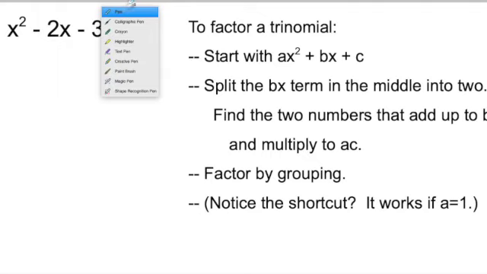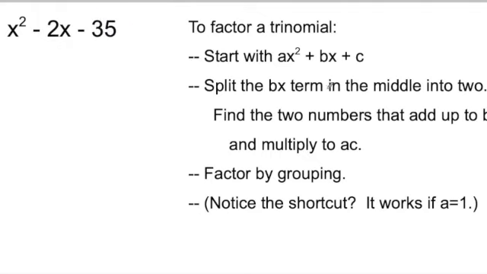So what's going to happen here is we'll split this bx term, this negative 2x term, into 2 pieces. We want to find 2 numbers that add up to negative 2, and they multiply to AC, which is 1 times negative 35, so that's negative 35. Well, 35, there aren't that many ways to multiply and get 35 as an answer. 1 and 35, of course, but the only other one is 5 and 7.